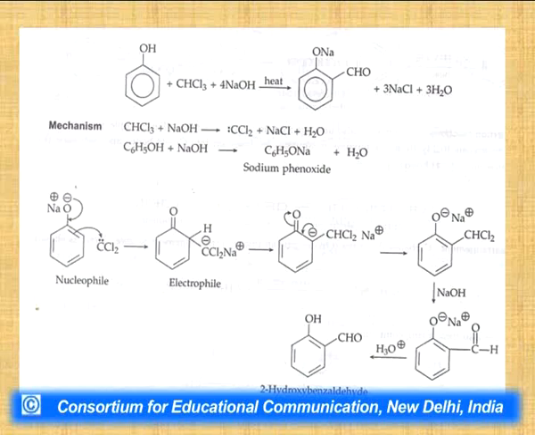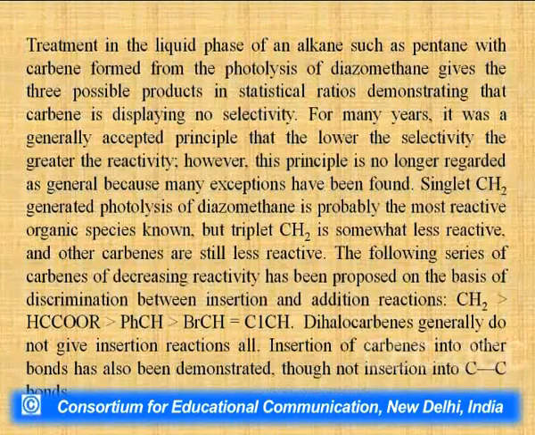Sodium hydroxide reacts with phenol to give sodium phenoxide, which acts as a nucleophile, and dichlorocarbene is the electrophile. You can see in the mechanism there is a substitution by dichlorocarbene, and after a certain mechanism you can see in the slide, we will get the product 2-hydroxybenzaldehyde after hydrolysis. This is the famous Reimer-Tiemann reaction.